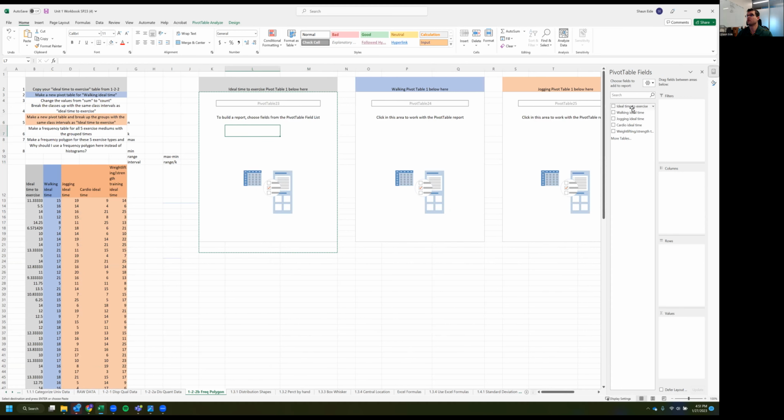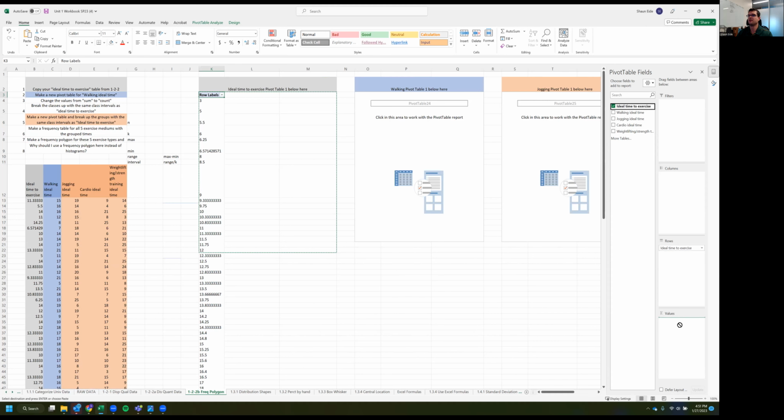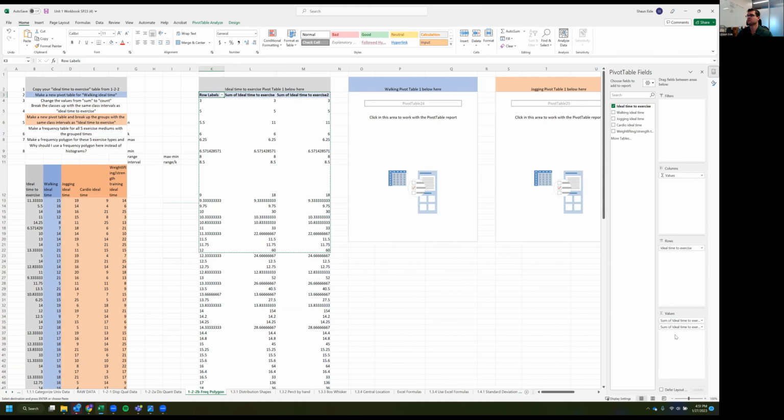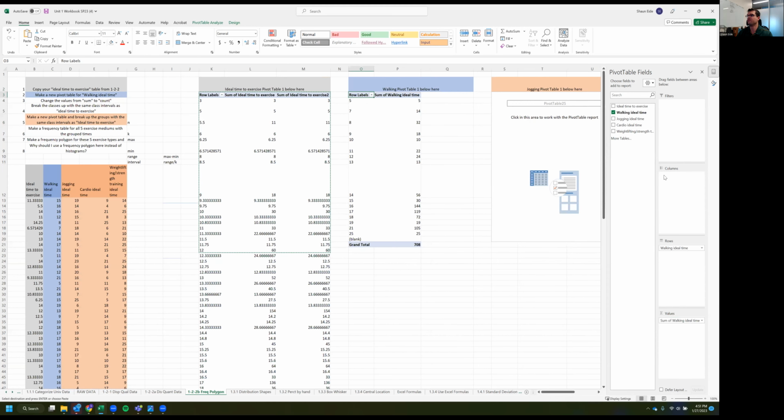So this first one, drag ideal time to exercise into rows and drag it into values, and we're going to do that twice. Doing the same thing with walking, drag it into rows, and drag it into values twice.